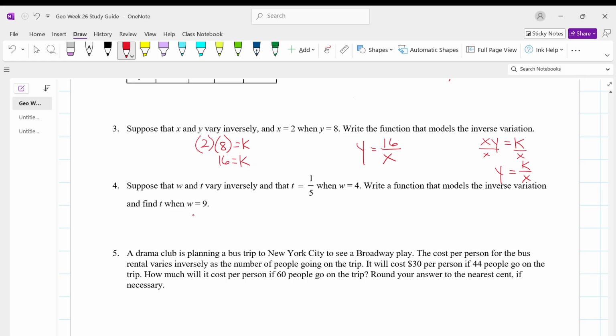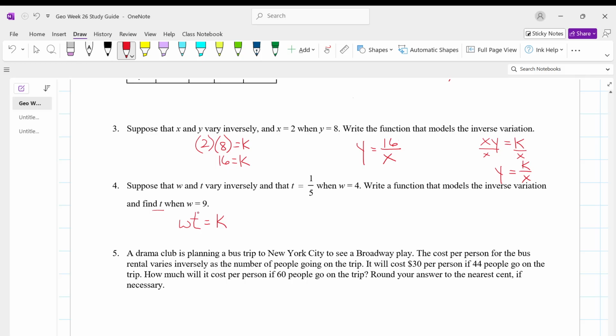In problem number 4, W and T vary inversely. All right, inverse, so W times T equals a constant. Write a function that models the inverse variation and find T when W equals 9.